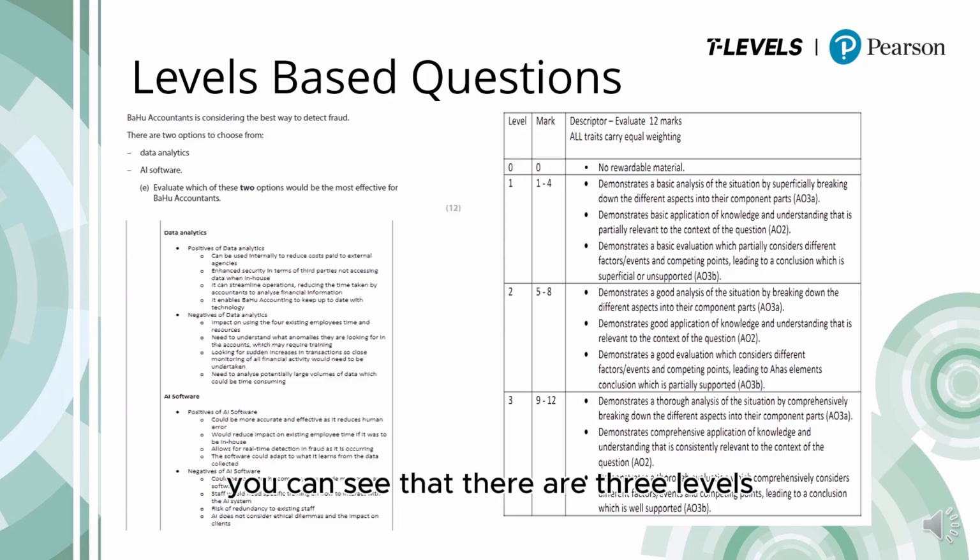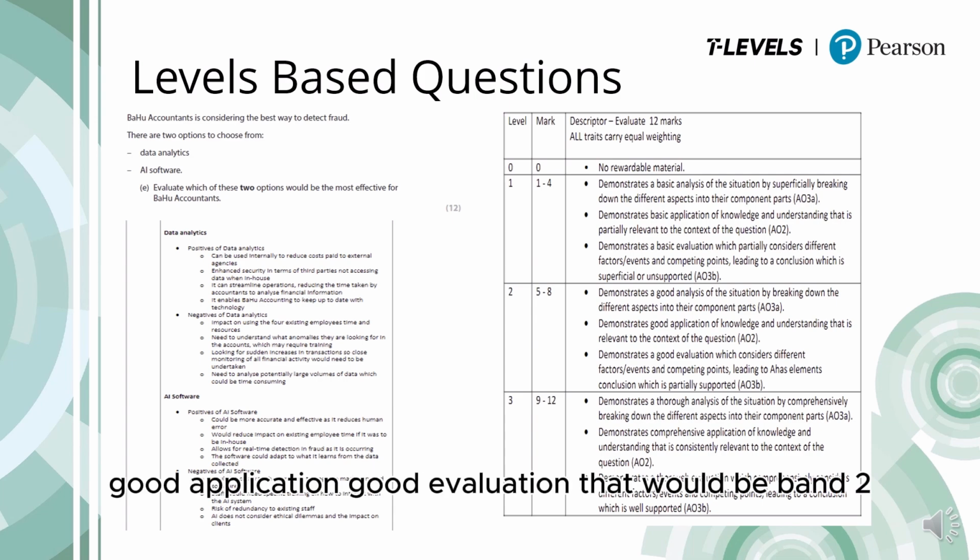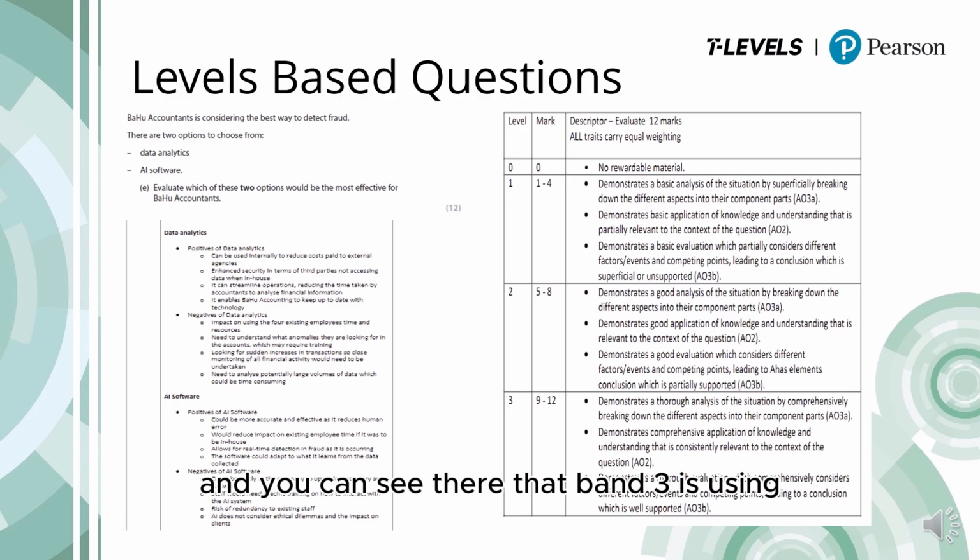So if you have a look here, you can see that there are 3 levels. If students are providing a basic analysis, a basic application, or a basic evaluation, they're likely to be placed into level 1. If they're giving more of a good analysis, good application, good evaluation, that would be band 2. And you can see there that band 3 is using thorough and comprehensive.